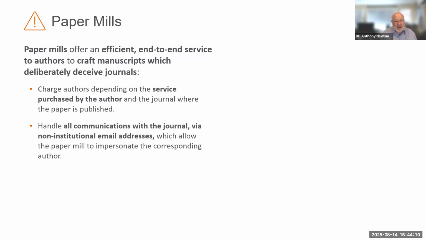And sometimes they'll say, you don't get access to the article until you've paid us. And so what they do is they have a burner email address, and you don't have access to this. Once you pay them, then you have access to this.